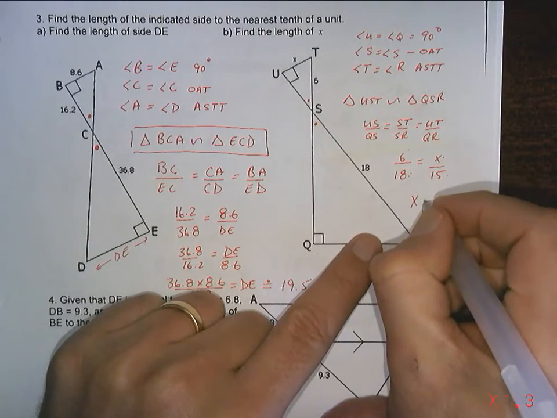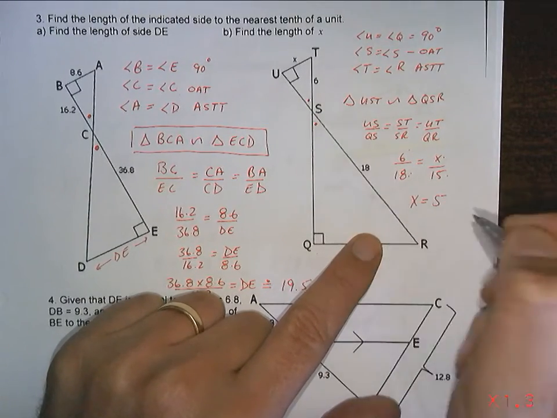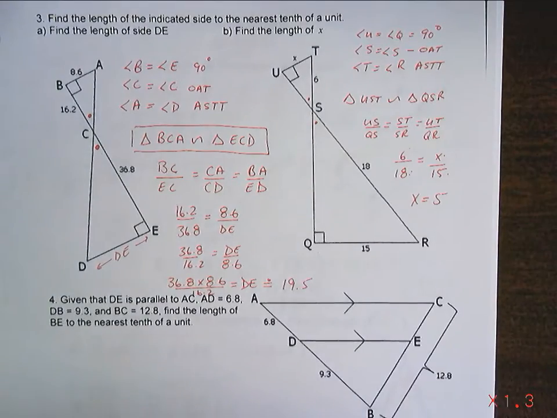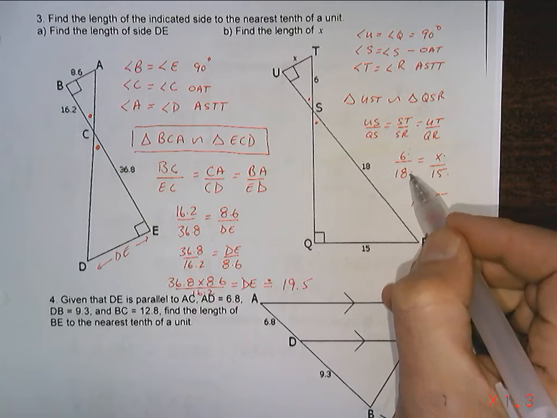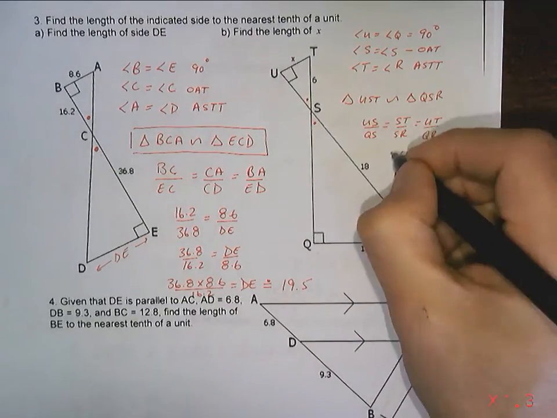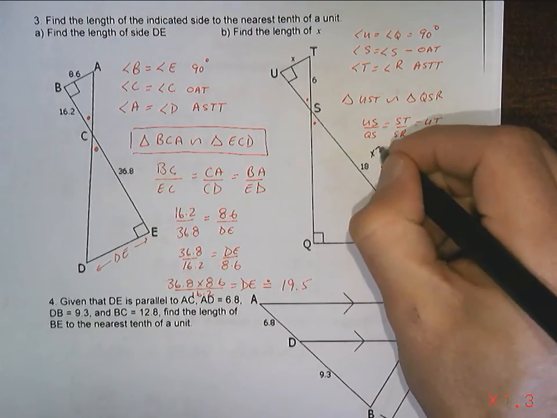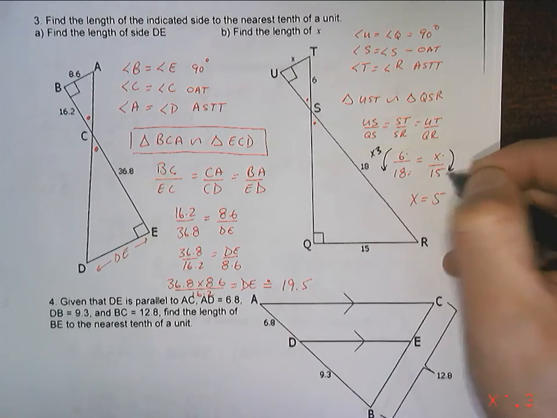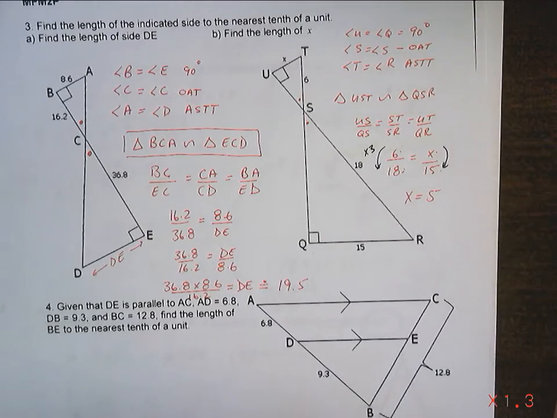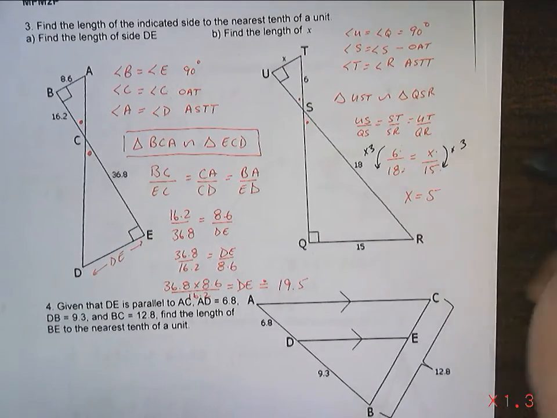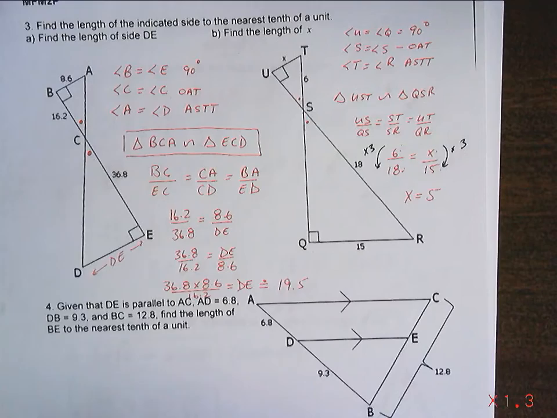You choose how to do it. But in this case, I know that x equals 5, because from 6 to 18 I had to multiply by 3, which means I have to multiply the x by 3 to get 15, so it needs to be 5 times 3 to get 15. But do it any way that works for you. I'm going to pause the video there and we'll be back in a minute.